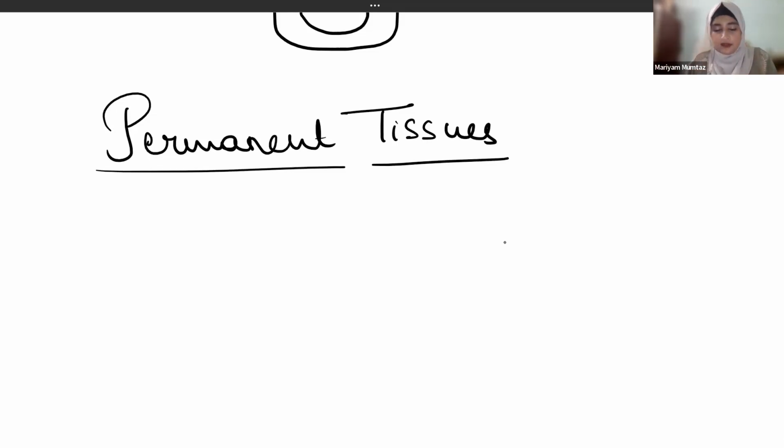The meristematic tissues are dividing, and then when one tissue is given a specific role, it loses the ability to divide. So this forms a permanent tissue. A permanent tissue is formed when a cell loses its ability to divide.